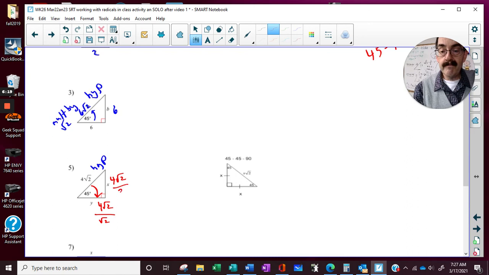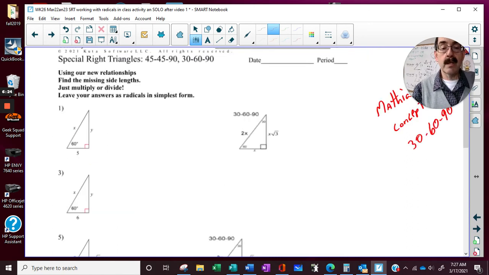All right. Let's do a 30, 60, 90 real quick. 30, 60, 90 is a little bit more difficult. We have the short leg, we have the long leg, and we have the hypotenuse. Remember, the hypotenuse is always across from the 90 degree. Okay, short leg, multiply.